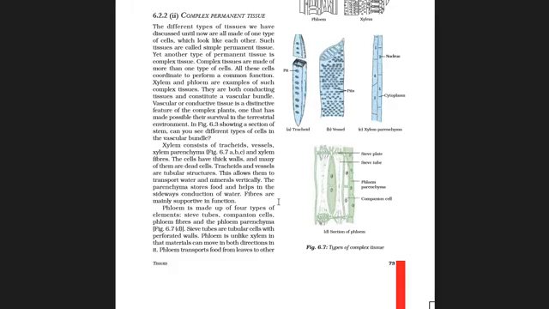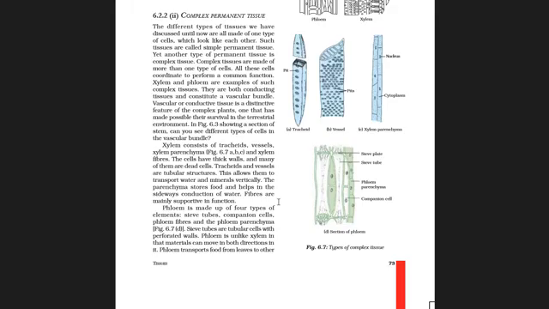Now, what is the function of tracheids and vessels? They are tubular in structure, and they are going to transport water and minerals vertically. Now, of course, parenchyma, we all know the function of parenchyma. It stores the food.